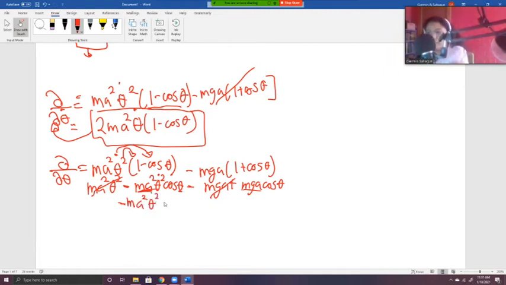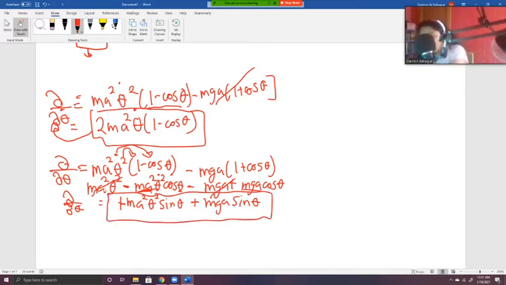This one would be constant, so negative ma squared theta dot squared, derivative of cosine would be negative sine, so this would become positive, then minus mga, which becomes plus too since mga is constant and the derivative is negative sine, but since it's negative here, it becomes positive, so sine theta. There you go.